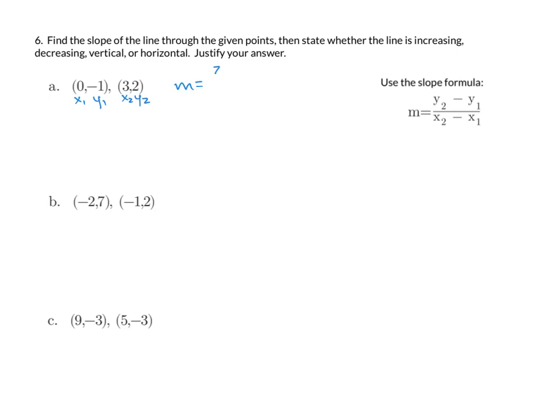We get 2 minus -1 becomes +1 over, subtract my x coordinates, we get 3 minus 0. This is equal to 3 over 3. We should simplify completely. This gives me a slope of 1.